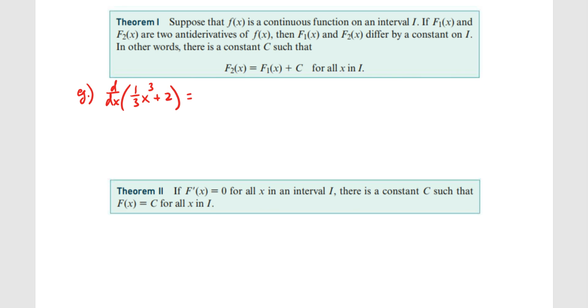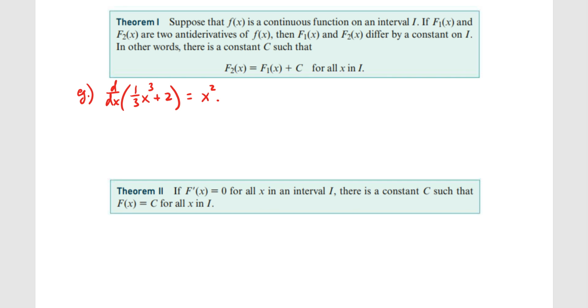Taking the derivative here, you bring the 3 out front, but it cancels with the 1/3. Subtract 1 from the exponent, we get x squared. And the derivative of 2 is 0. So the derivative here is x squared. So we might try to say that the antiderivative of x squared is 1/3 x cubed plus 2.